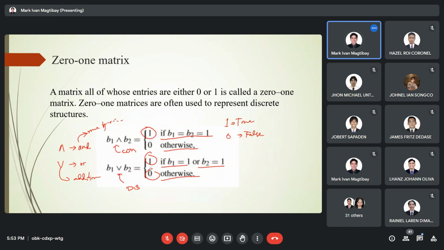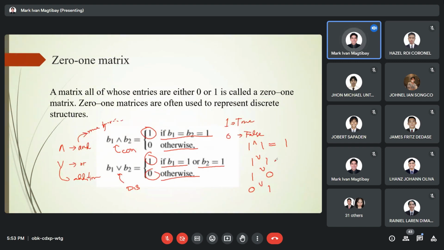Okay? Dito po ulit sa conjunction, dapat po sila ay parehong 1. Yan lang po yung time na magiging 1 po yung ating output sa conjunction. Otherwise, lagi pong 0 yung ating output. Dito naman sa disjunction, ito lang po yung mga times na magiging 1 po yung ating output.